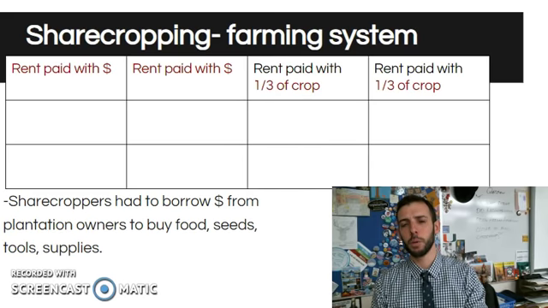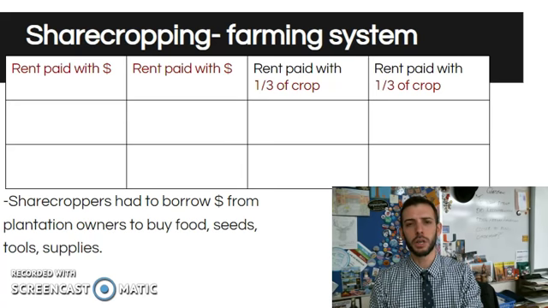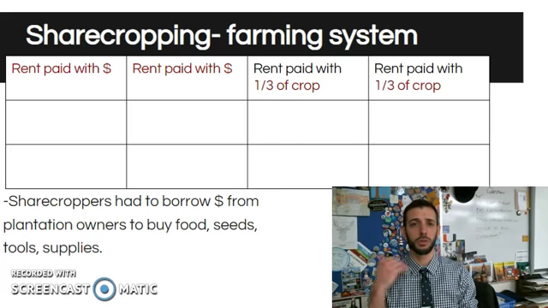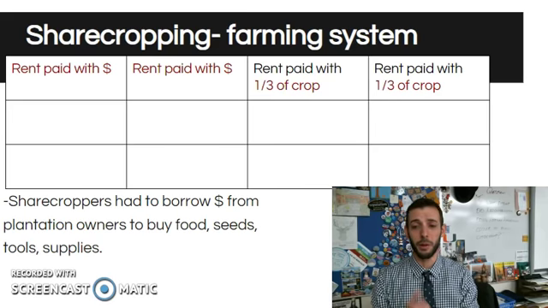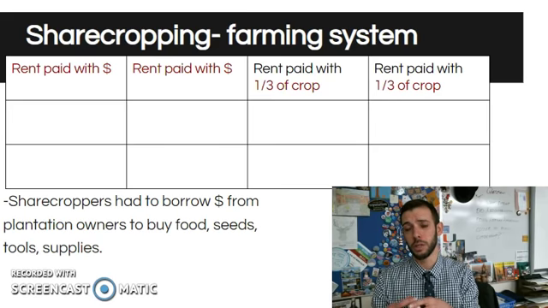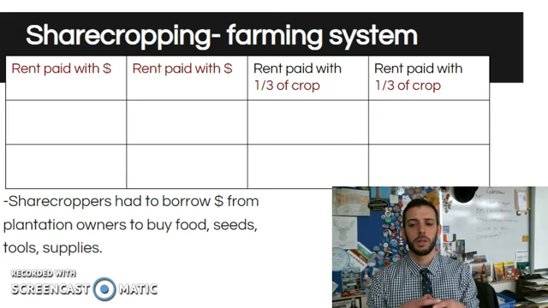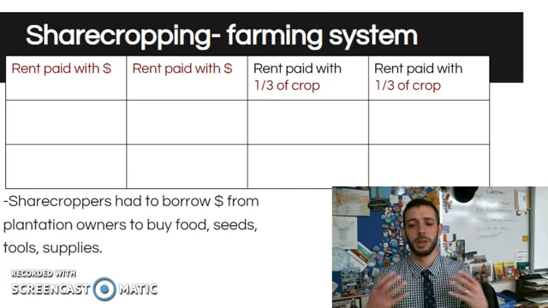That part of the system sounds really good. But if you couldn't afford to pay that money up front, which is pretty much all of those African Americans in the South, what they could do is they could rent the land for the season. They could plant their crops, grow them, harvest them, sell them, and then whatever money they made, 1/3 of it is paid to the landowner. Okay, so this is a little bit better than nothing.